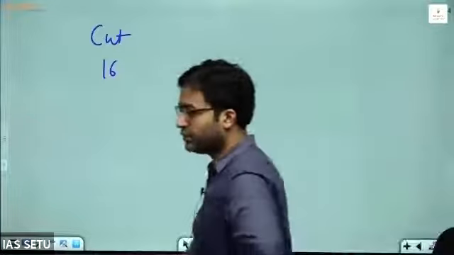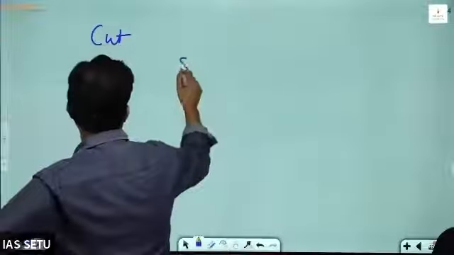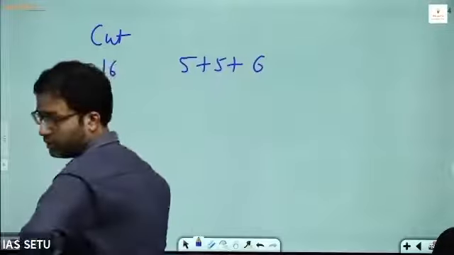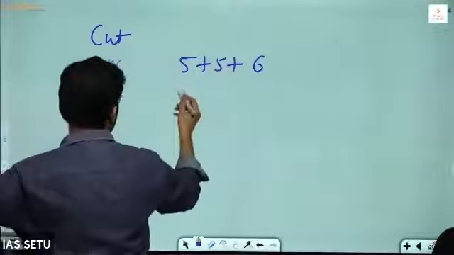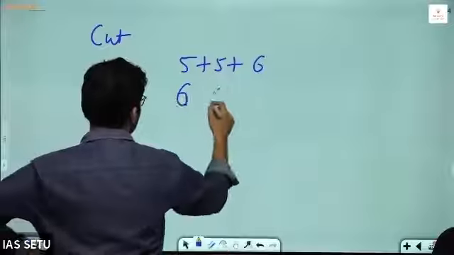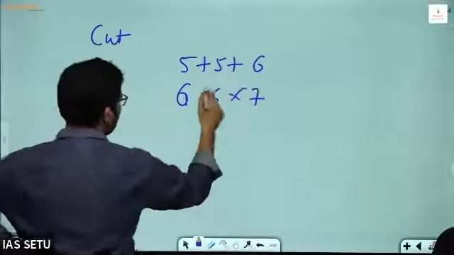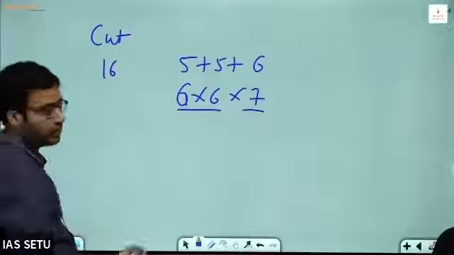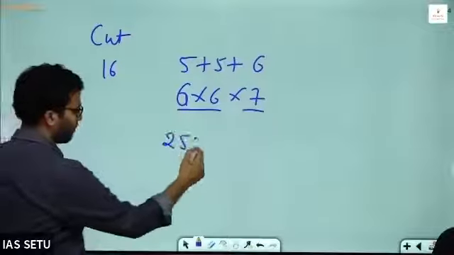Multiple of 3 near to 16 is 15. If you have 15 chocolates, 5 plus 5 plus 6, because it is 1 extra. 5 cuts give you 6 pieces, 5 cuts give you 6 pieces, 6 cuts give you 7 pieces. So this is 36 into 7. So 252.